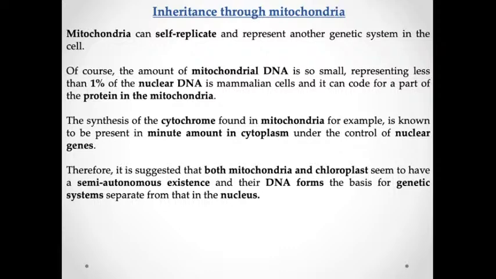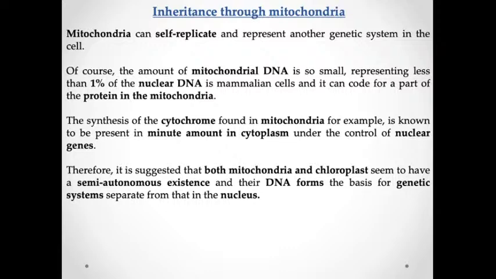Now comes the third part, inheritance through the mitochondria. Mitochondria can self-replicate and represent another genetic system in the cell. Of course, the amount of mitochondrial DNA is so small, about 1% of nuclear DNA in mammalian cells, and it can code for a part of the protein in the mitochondria.